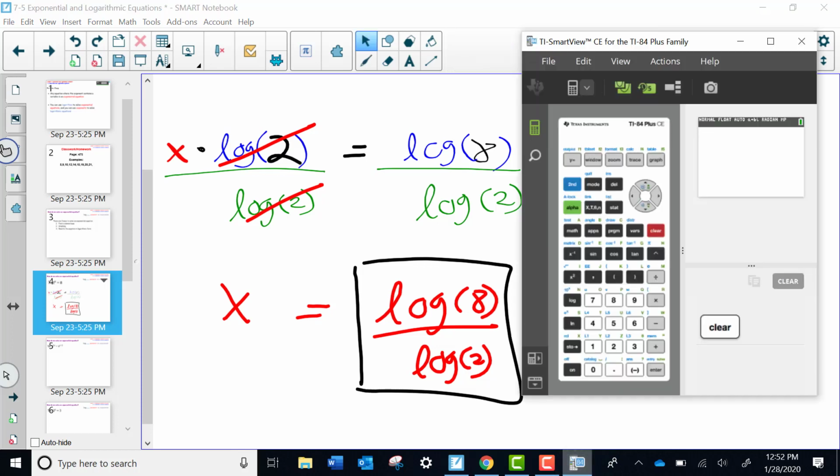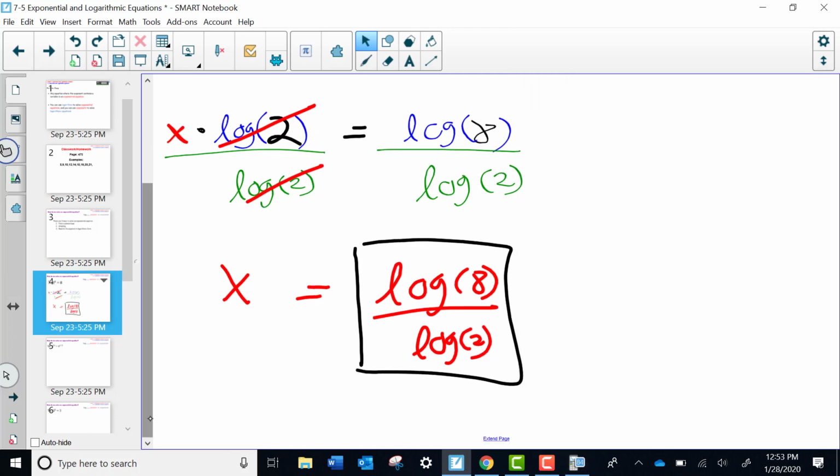The easiest way to do it is to hit alpha y equals to get our fraction. So hit alpha y equals, and now we have the fraction. We could just hit log. Log of 8 over log of 2. Does anyone need me to repeat those steps on the calculator? Log of 8 over log of 2, hit enter, and x equals 3.